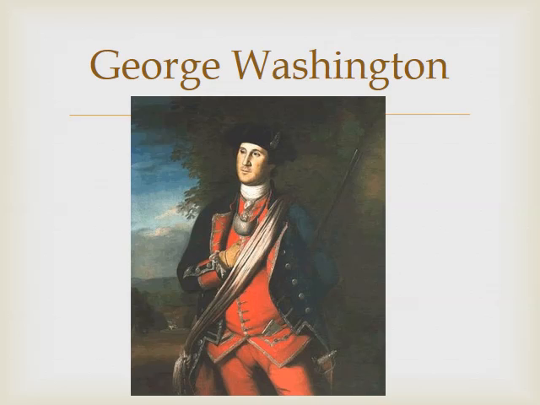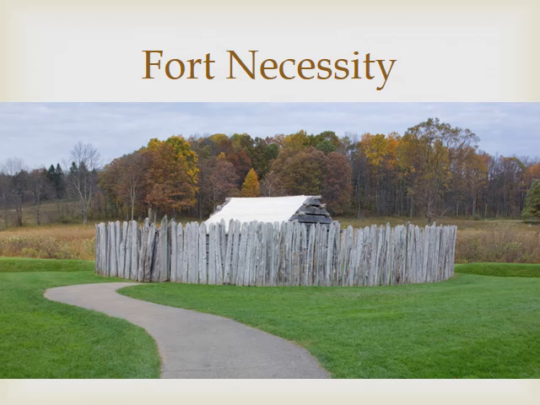Now, George Washington, at the time, was a young planter from Virginia. He had interest in the Ohio Company. He was promoted to the rank of lieutenant colonel by Virginia's government and given command of 200 men with the task of building Fort Necessity. At this time, Washington had very little military experience.